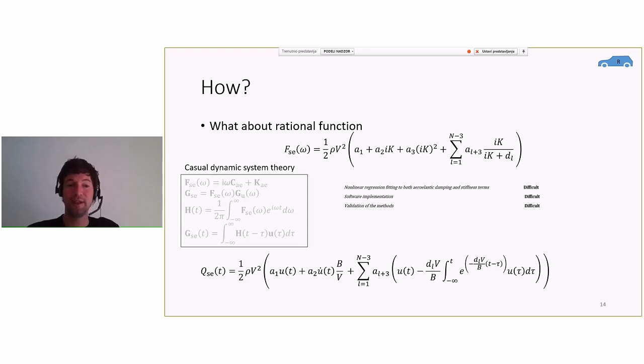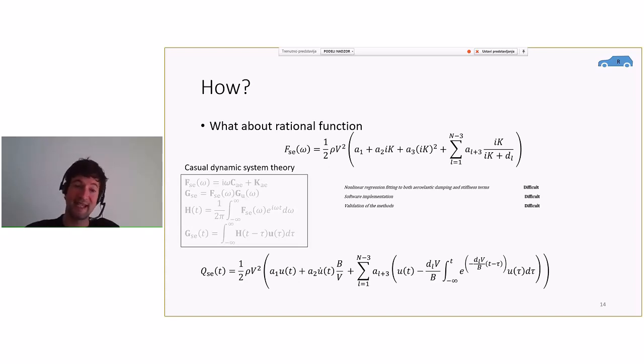Once you fit it, the good thing about these functions is that they tick all the boxes for causal dynamic system theory, and you already have a fully developed expression which you can directly implement in the software, shown below the equation. So if you're able to fit the data, you can directly use this model in your bridge, and you'll be able to simulate the self-excited forces. Right.